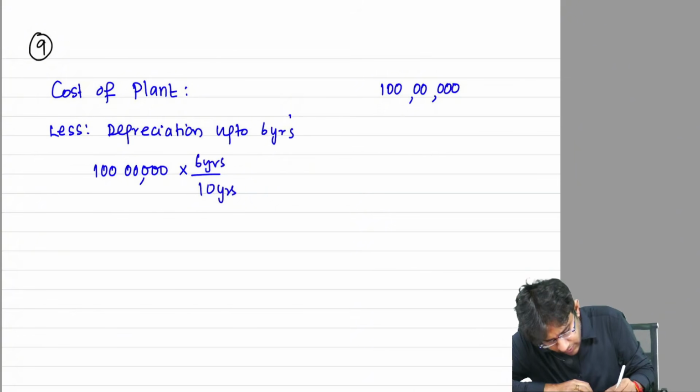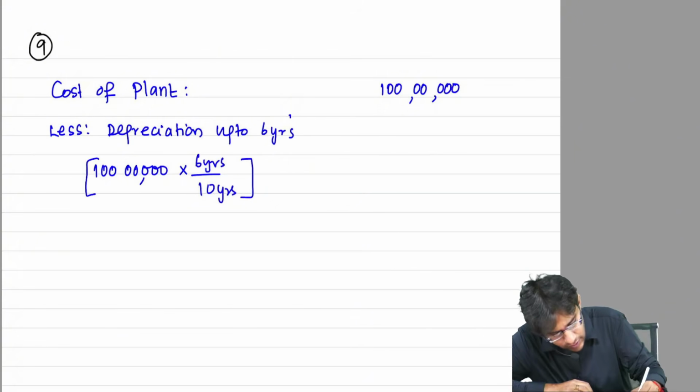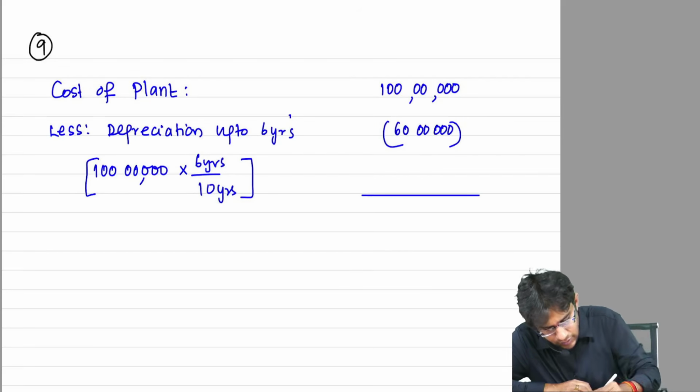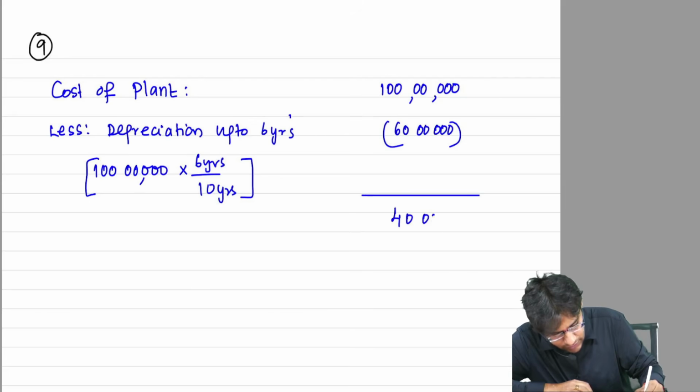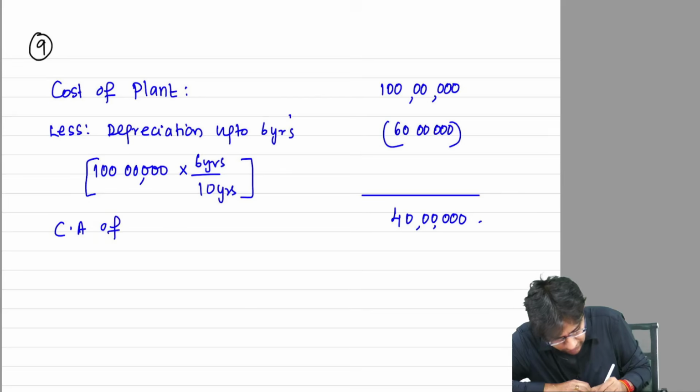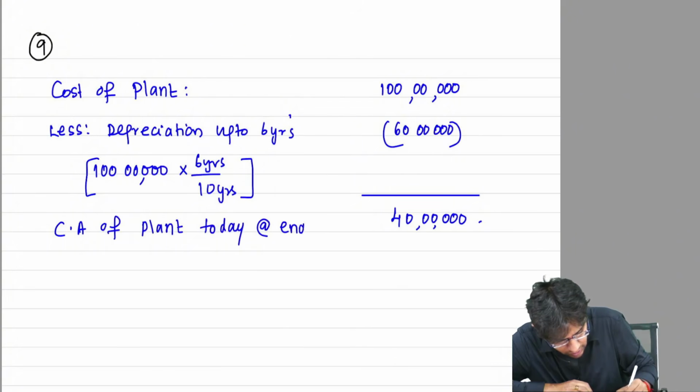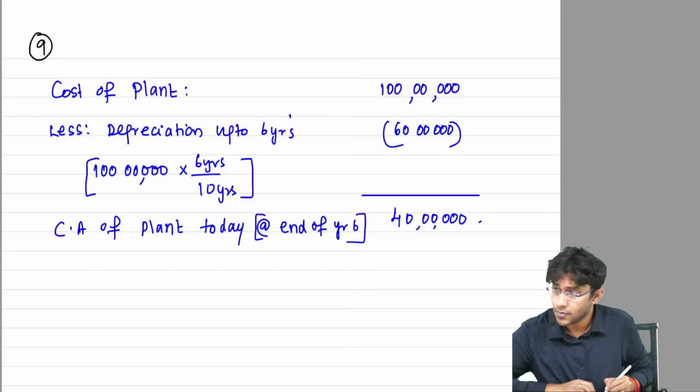I want 6 years' depreciation, so 6 by 10, that would be 60 lakhs. So 40 lakhs. This 40 lakhs is the carrying amount of the plant today, at the end of year 6.